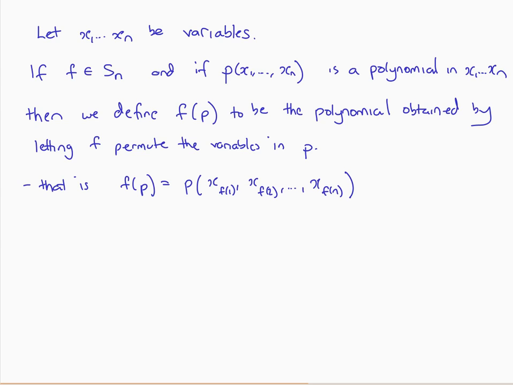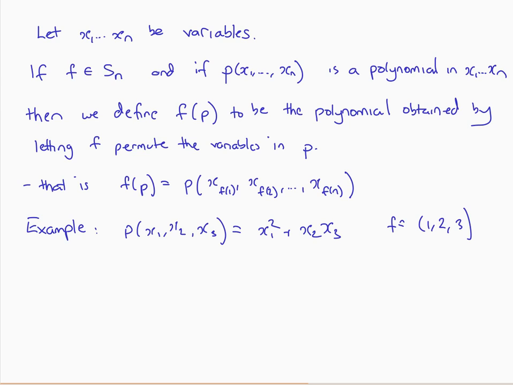So as an example, if p of x1, x2, x3 is the polynomial x1 squared plus x2 x3, and if f is equal to the 3-cycle (1 2 3), then f of p is another polynomial in those variables.